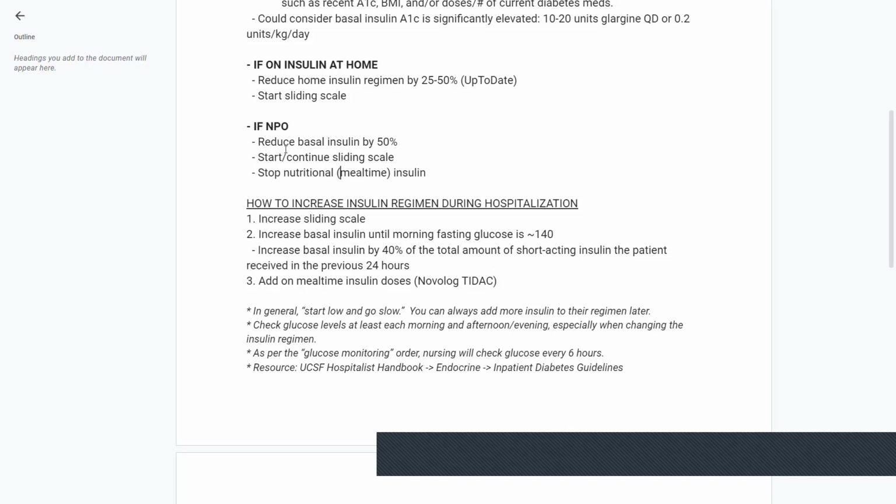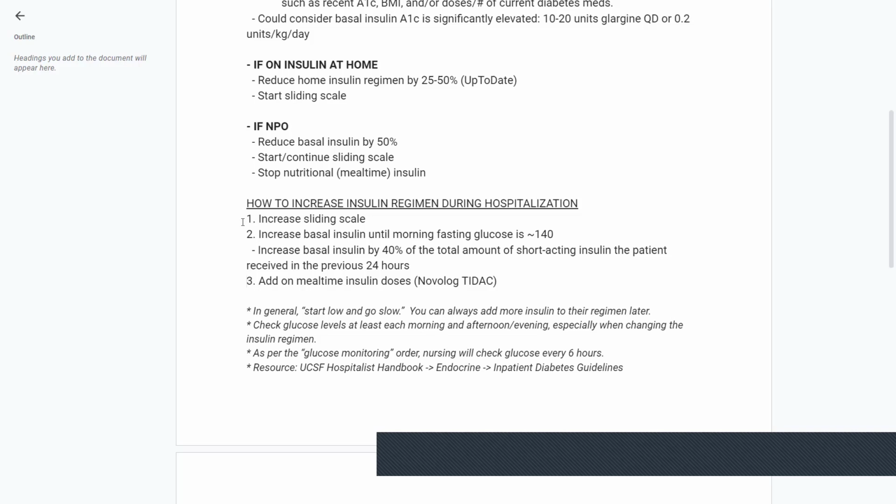So we stopped the metformin, and these are the three steps. This is really important to know, how to escalate someone's insulin regimen. We'll go through step by step the three steps of how to do this if somebody's sugars are still high. Step number one is we increase the sliding scale.